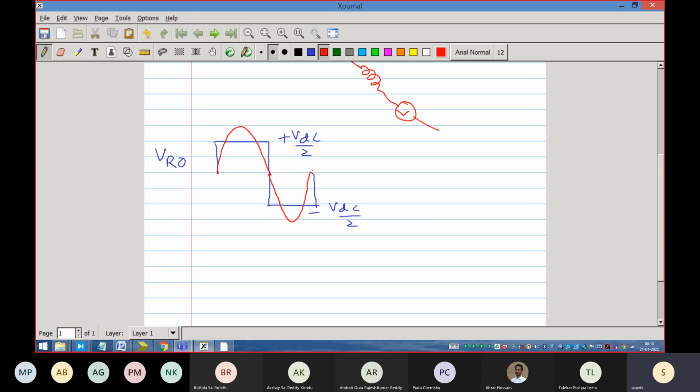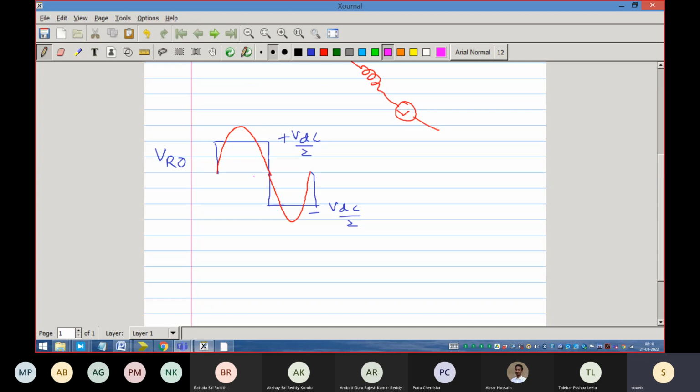Harmonic components will be with respect to this fundamental. It can be divided into Fourier series components, and the harmonic component may be like this, maybe the third harmonic. Let us draw.